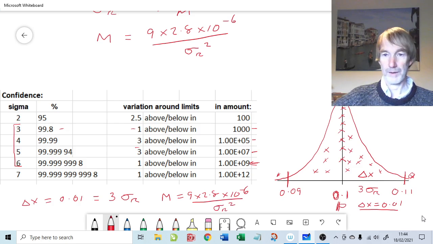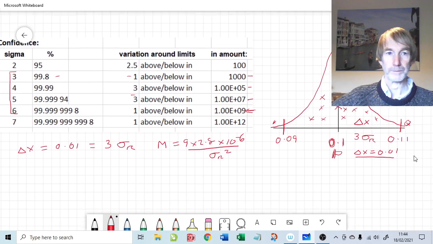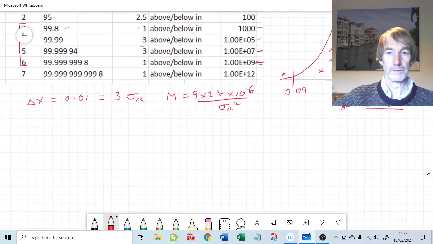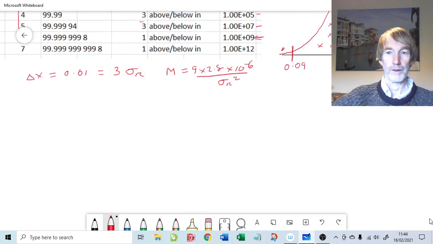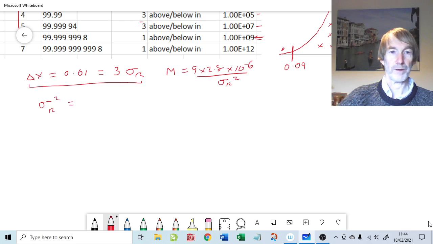Then we can clear a bit of space for the calculations. So to come back to the 3 sigma, sigma r squared is going to be equal to 0.01 over 3, all squared.